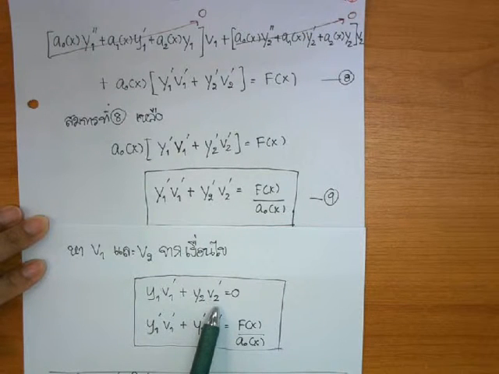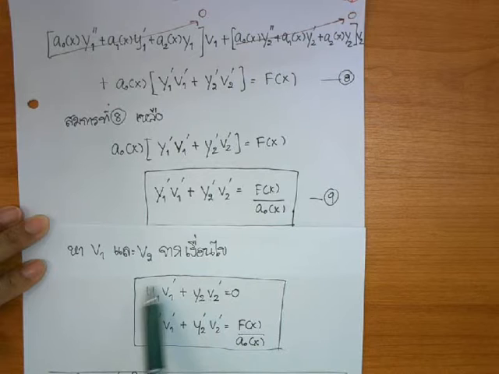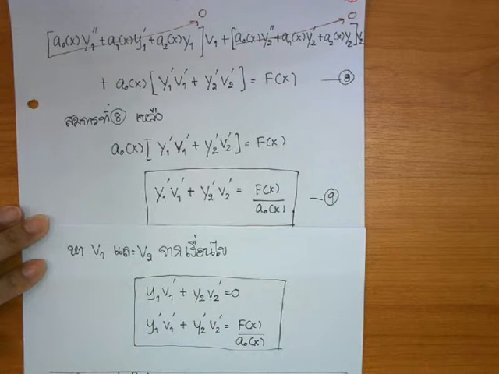So if these are two equations with two unknowns, you should be able to find the value of those two unknowns, right? If we can find the first derivative of v1, then we can find v1. Likewise, if we can find the first derivative of v2, we can find v2.